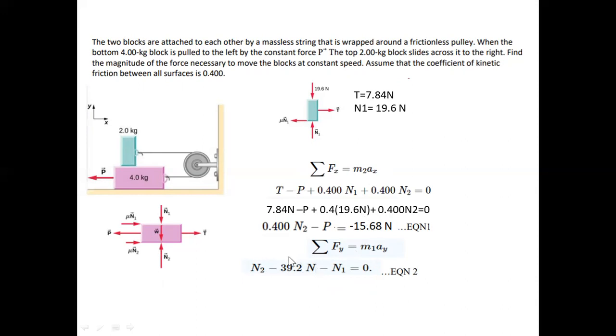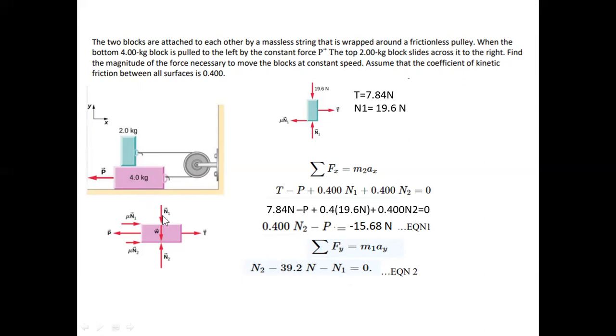Now this is the value for the weight of this block. 39.2 newtons is 4 kilograms times 9.8 meters per second squared. This is the weight of the second block, minus N1.